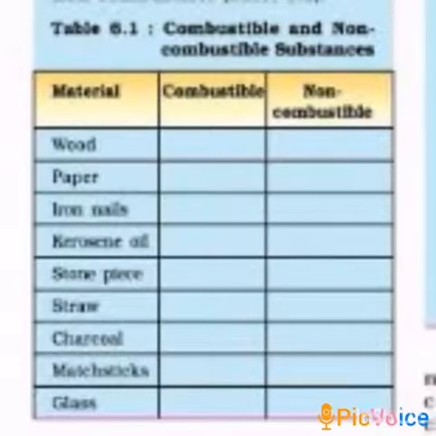Okay, dear children. Now you are familiar with the combustible and non-combustible substances. In your textbook, page number 65, there is activity number 6.1. What's that activity, children? Collect some materials like straw, matchsticks, kerosene oil, paper, iron nail, stone pieces, glass, etc. And what is your work, children?